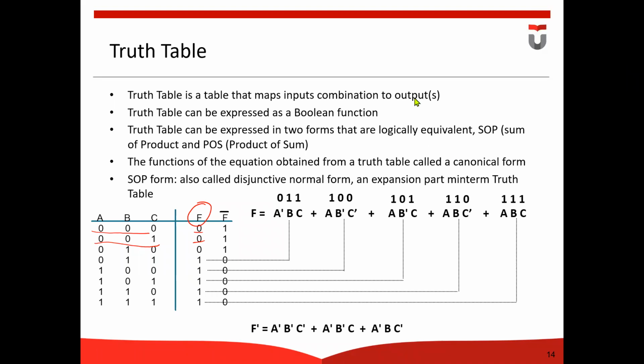Okay, back to our truth table. So truth table is a table that maps input to output. And remember, because this is a function, it can have many inputs, but only one output. And then we can express this truth table by using the table itself. This is the table.